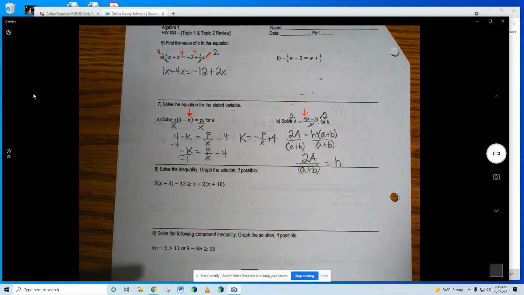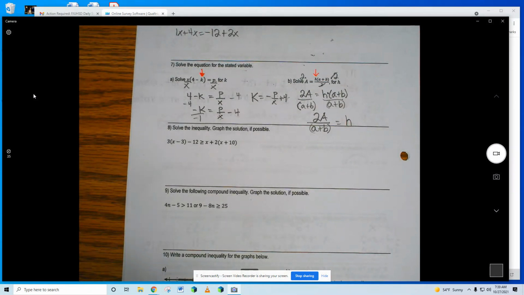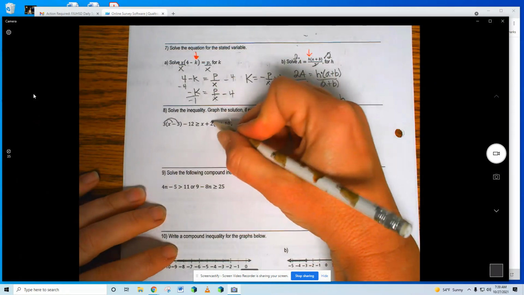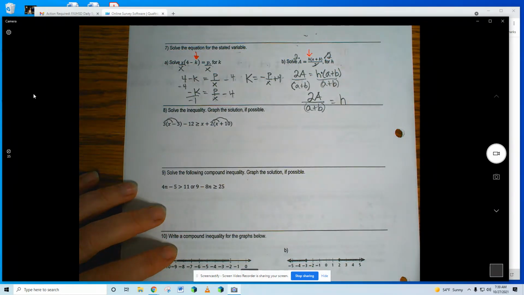All right. Solving, and it's an inequality graph on a number line. No problem. Distributive property all around. Go ahead and solve it without me.